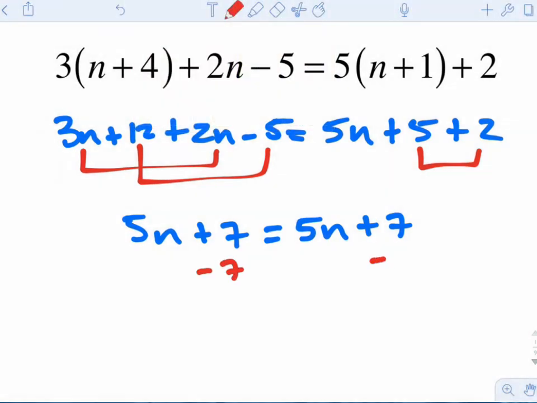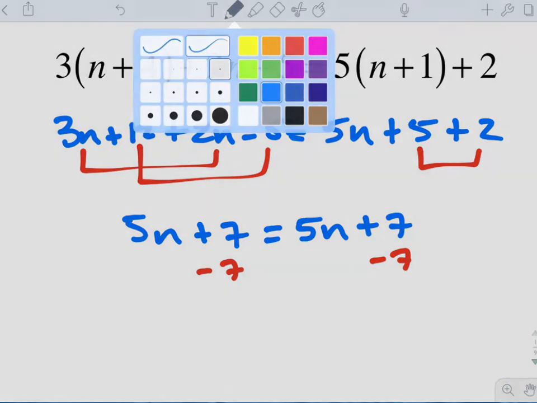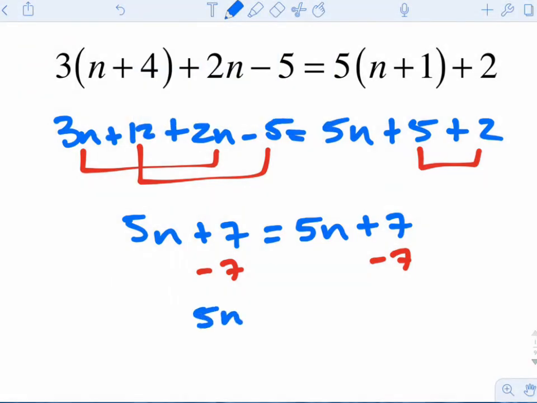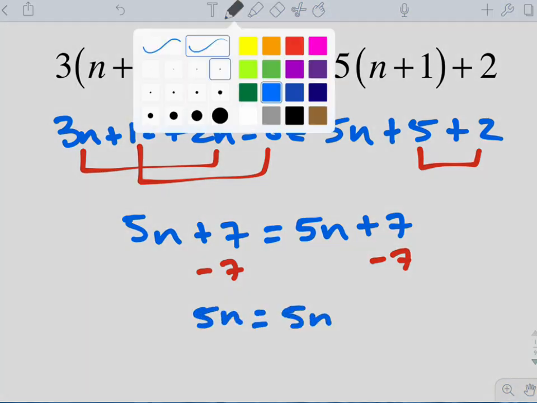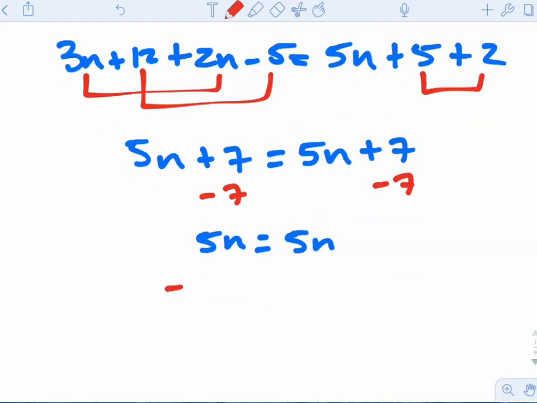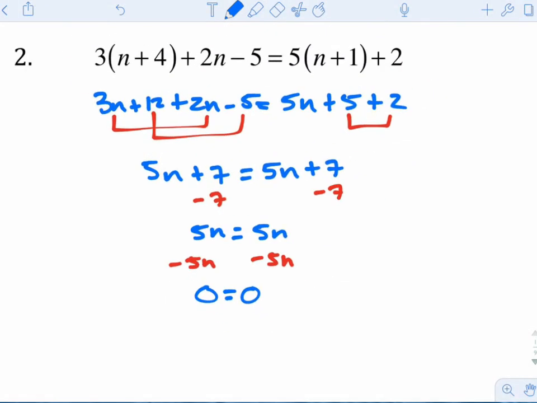Well, let's see what happens if we just proceed onwards. So now we've got 5n equals 5n. And if we were to subtract the same number from both sides, namely 5n, we end up with the obviously true statement, 0 equals 0. And what does that mean?